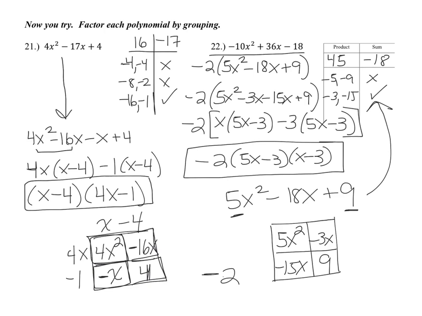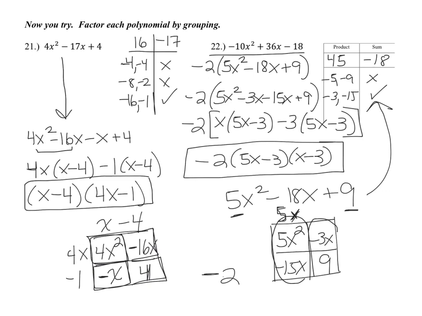And then what you do is you get your answer by pulling out the GCFs of your columns and rows, right? So the GCF of this column right here would be 5x. So I'd put a 5x up here.